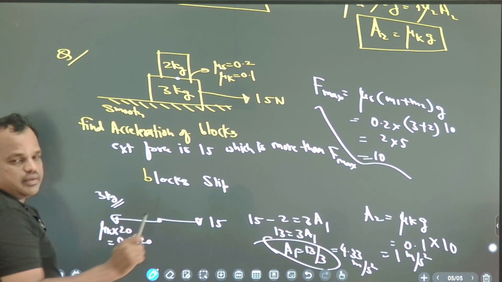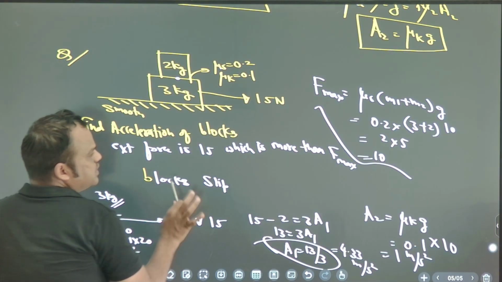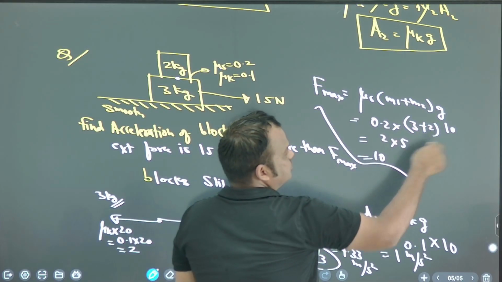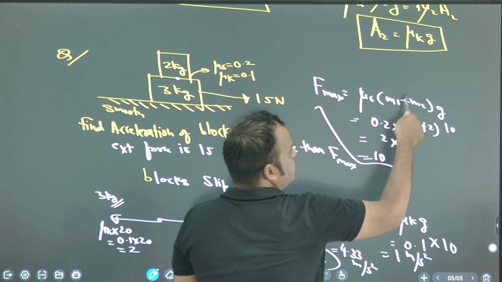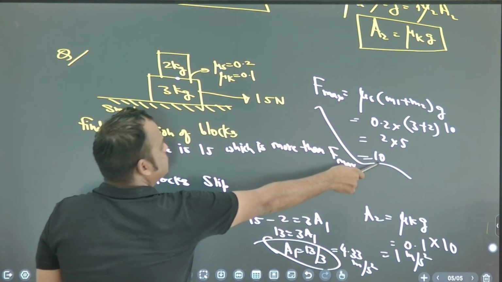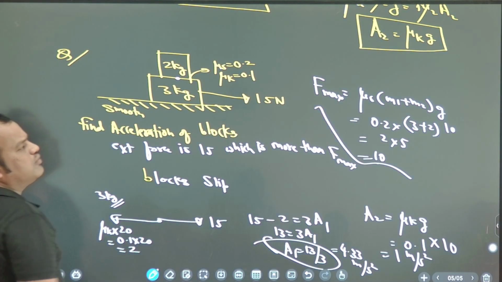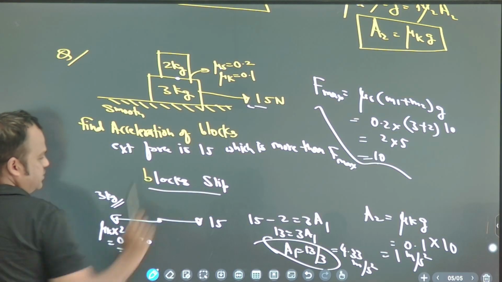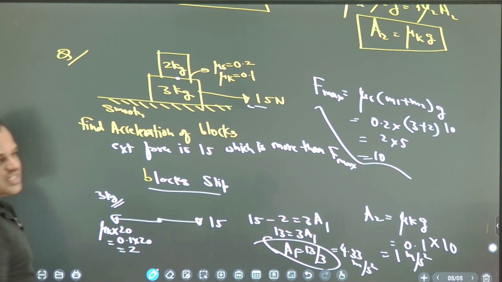So first of all, what is the first step? Slip or not? So what is F max? Mu s (M1 plus M2) g. What is the F max value? 10. What force are you exerting? 15. So blocks slip. So is friction kinetic or static?